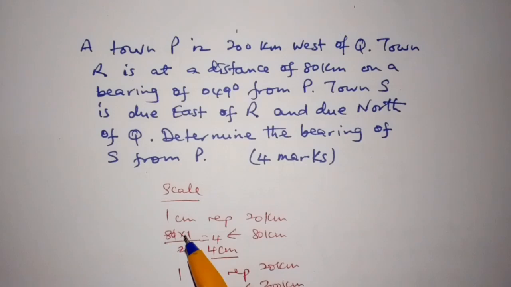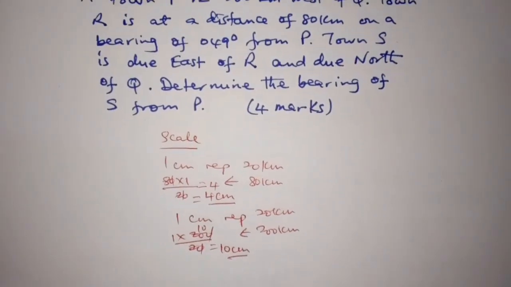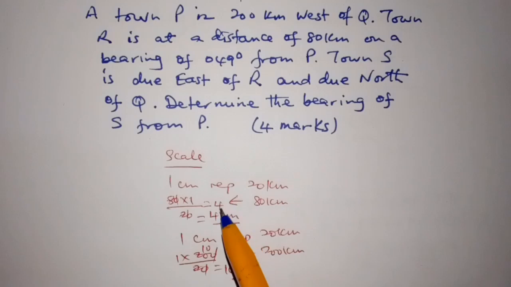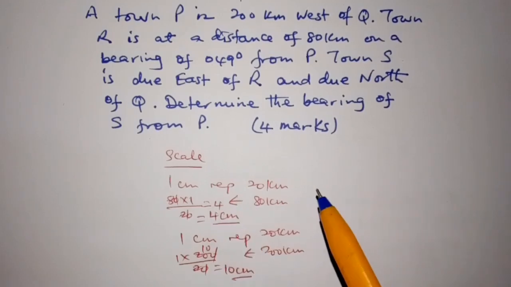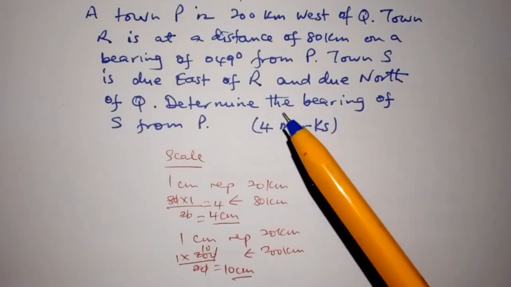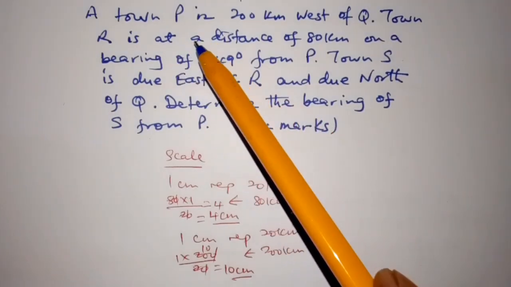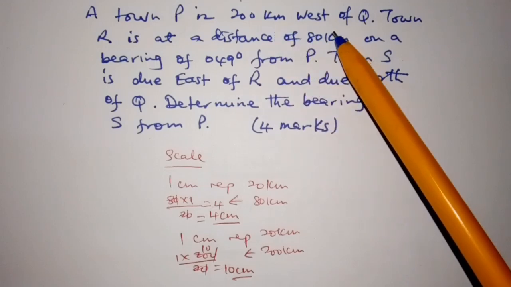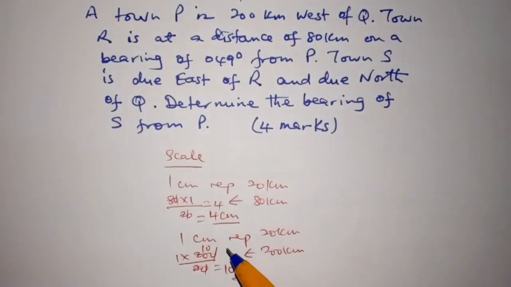We say that 1 centimeter represents 20 kilometers, and we are given that town P is 200 kilometers west of Q. If 1 centimeter represents 20 kilometers, how many centimeters will represent 200 kilometers?